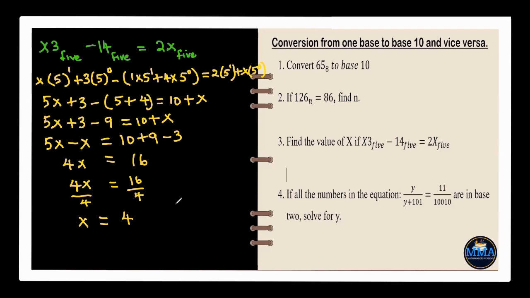That means this is the complete structure. This is the way this question is supposed to be. So what we have here is meant to be, which we are also going to test to see whether that value is correct. So if S is 4, that means we are meant to have 43 base 5 minus 14 base 5 equals 24 base 5.